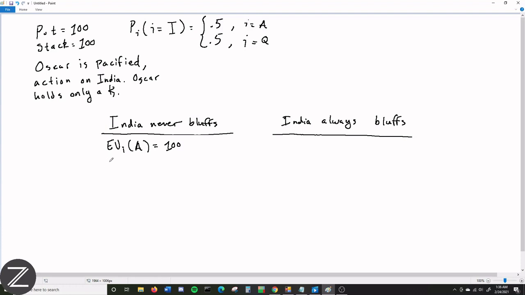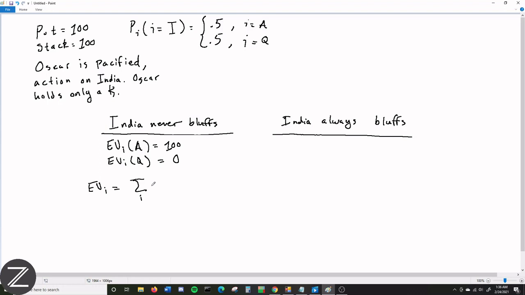And then when India has the queen, India never bluffs, so the queen is just going to check back and yield 0 from the pot. Now, if we're trying to calculate India's expectation, remember her holdings are equally distributed, so India's total expectation is just going to be the sum over all holdings.